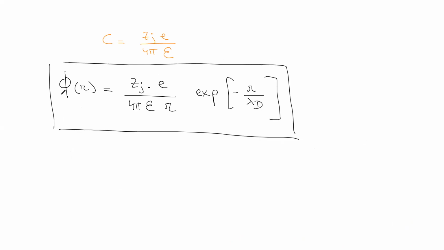So we found the potential, electrostatic potential created by the test ion at the center of the universe here at a certain distance r from it.